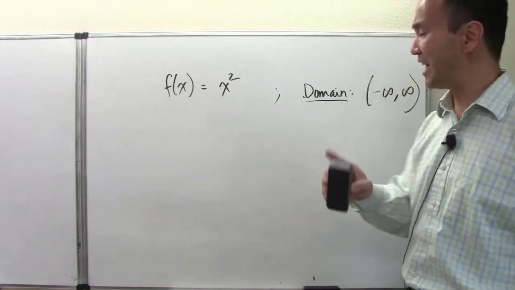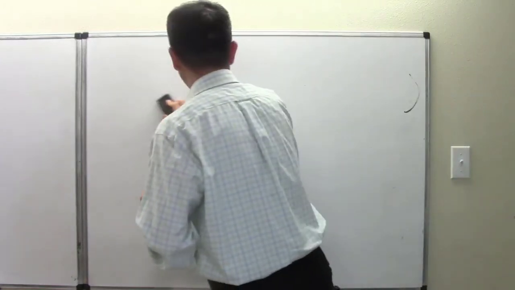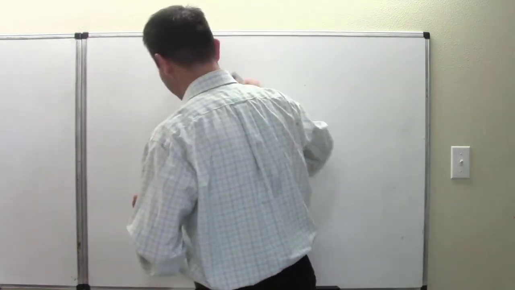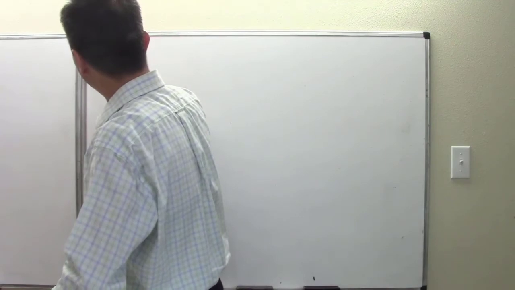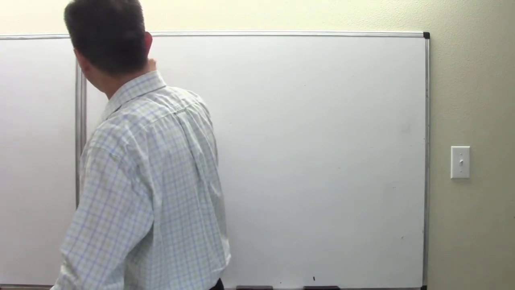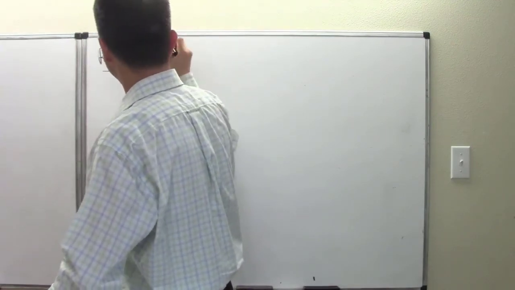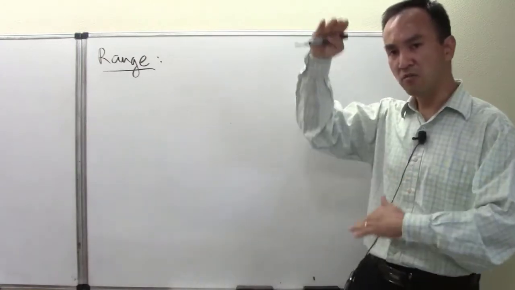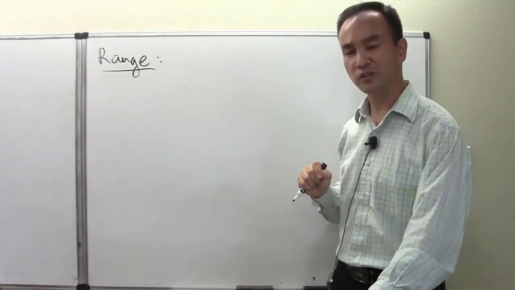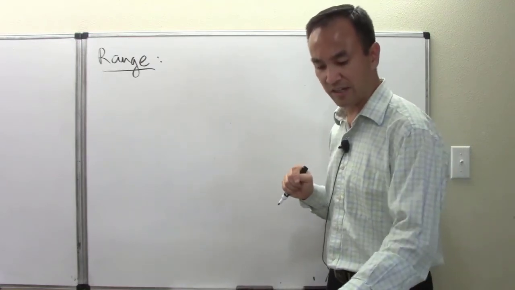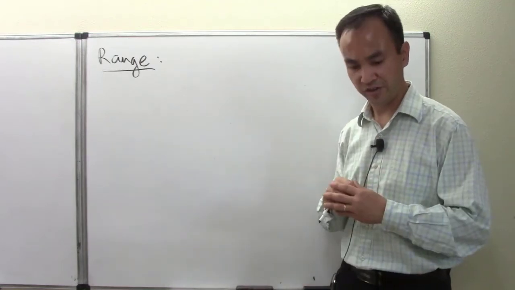All right, so for everybody who's learning from this lesson, now we come to a formal definition of what the range is. The zone of possible outputs, we refer to that zone as the range of the function.